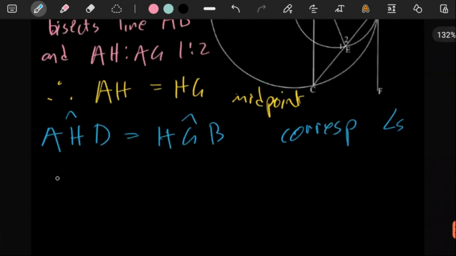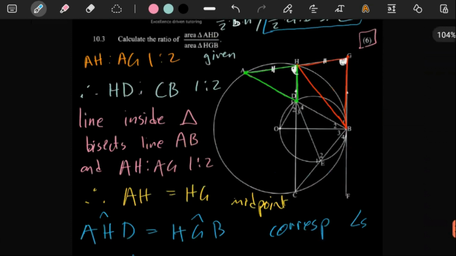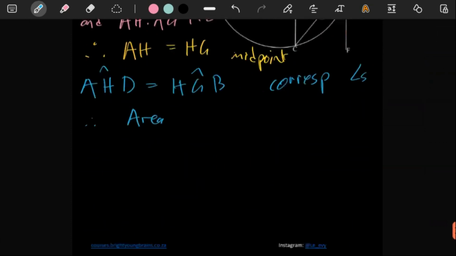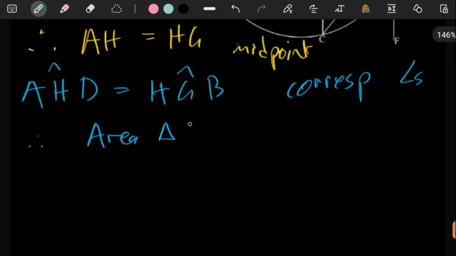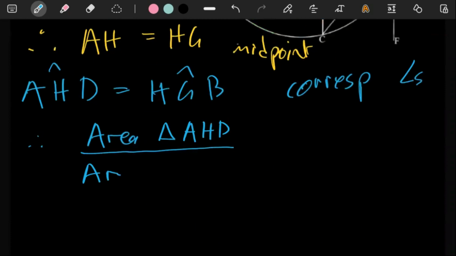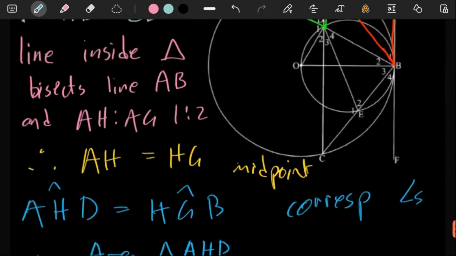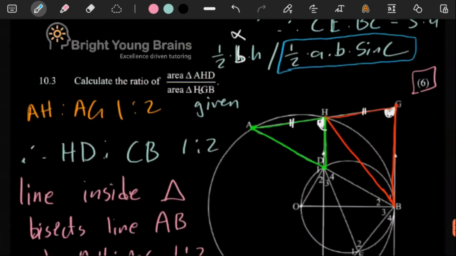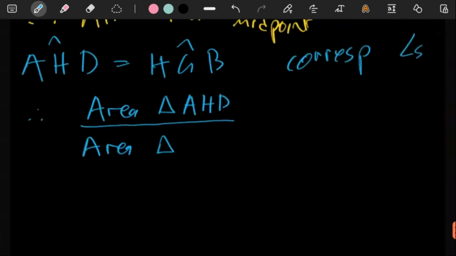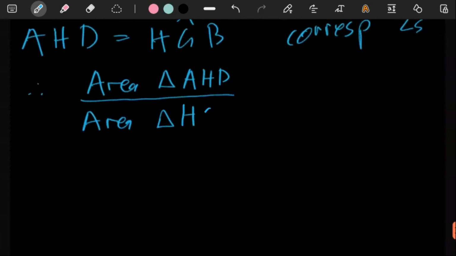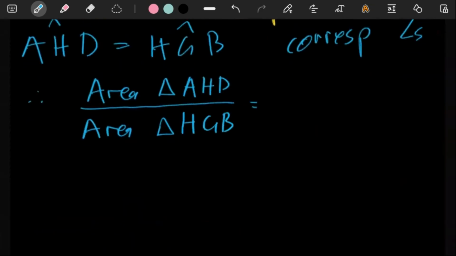So here we can say, therefore, the area of triangle AHD over the area of triangle HGB is equal to the following.